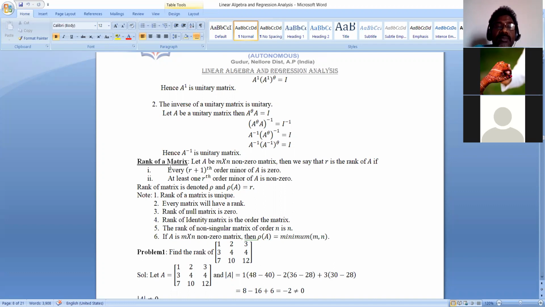Next, what about the rank of a matrix? From this, we have some important concepts. Suppose A is a non-zero matrix of order n by n.